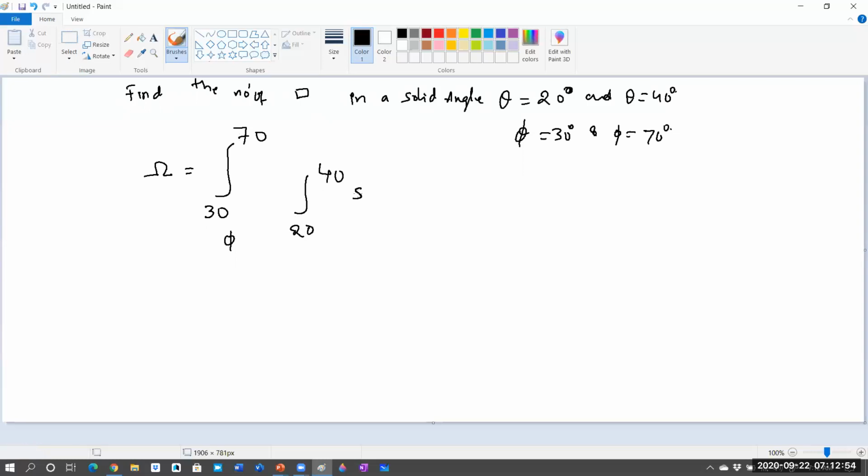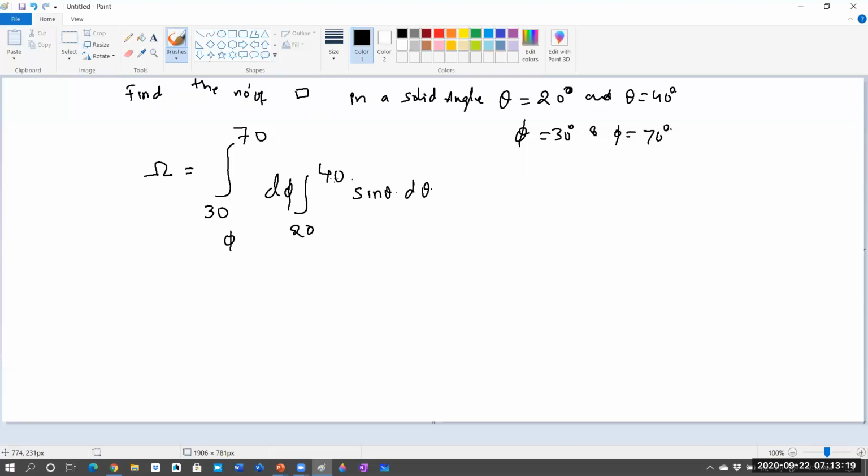You know what that is? Sin theta d theta and d phi. Sin theta d theta, this is about theta, so I put d theta here, and d phi.